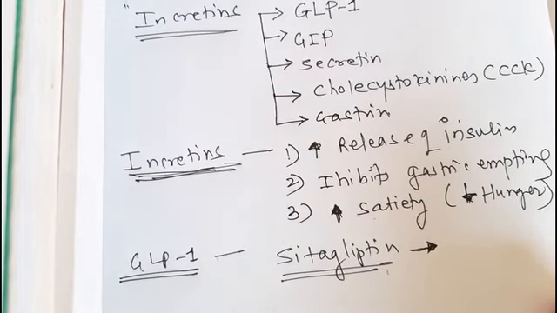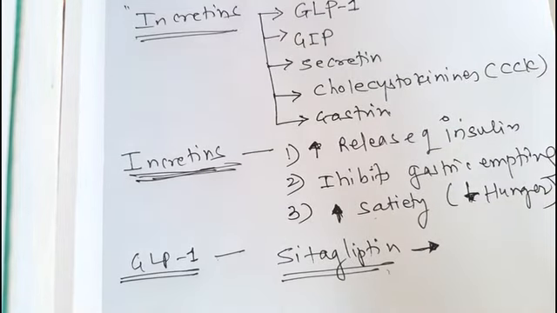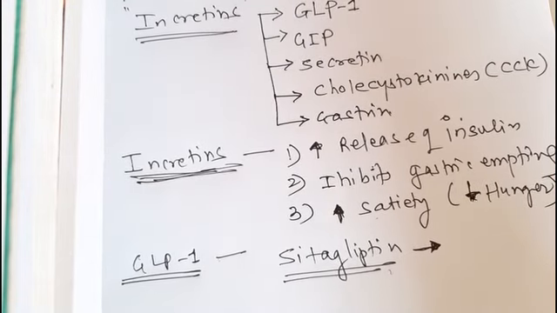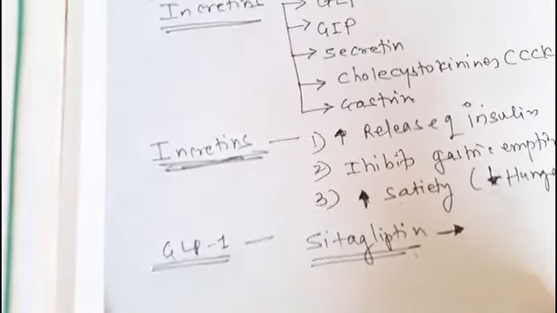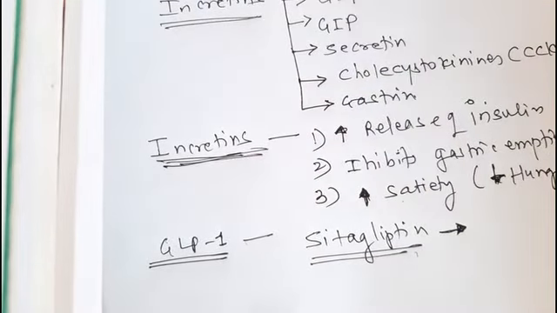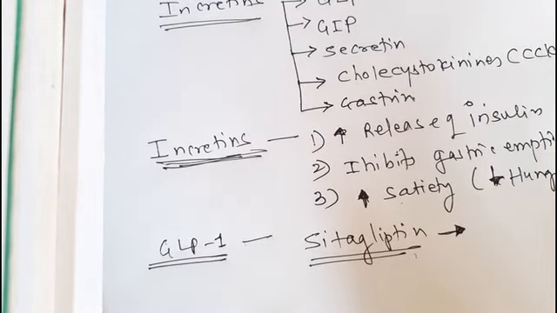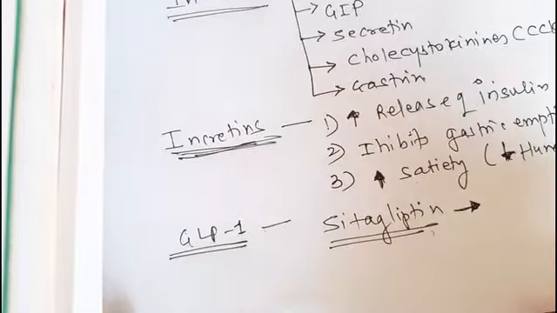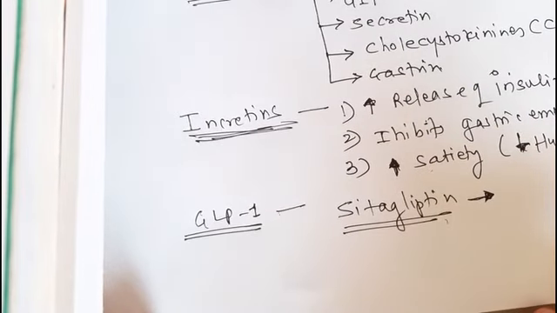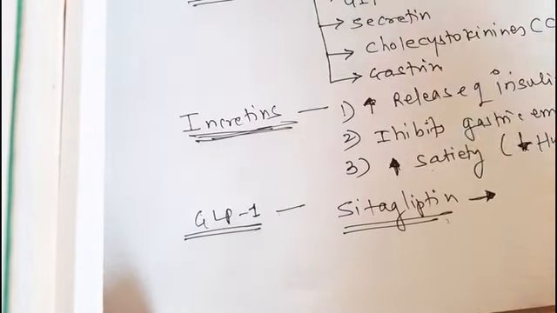Apart from that, other hormones like growth hormone, epinephrine, norepinephrine, and thyroxine, the thyroid hormones, also regulate the secretion of insulin. They are called hyperglycemic hormones, which act against insulin.